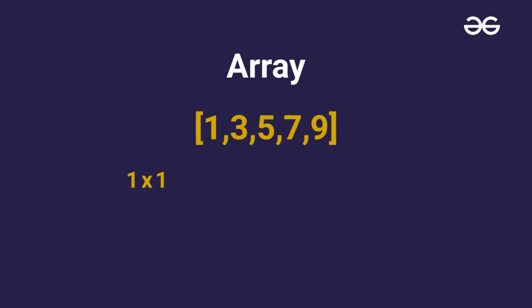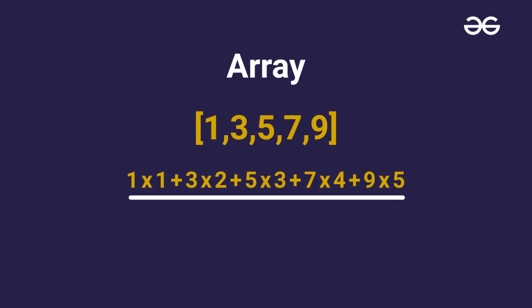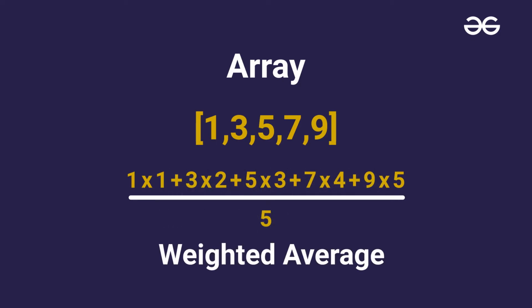So something like this, where I would add weights to the observations: 1 into 1 plus 3 into 2 plus 5 into 3, 7 into 4, 9 into 5, divided by the total number of observations, that is 5, right? So this is known as a weighted average.